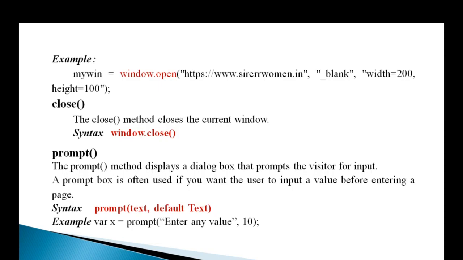For example, var x equals prompt("Enter any value", 10). Now a prompt dialog box will appear on the screen with the message "Enter any value" and the value is 10.